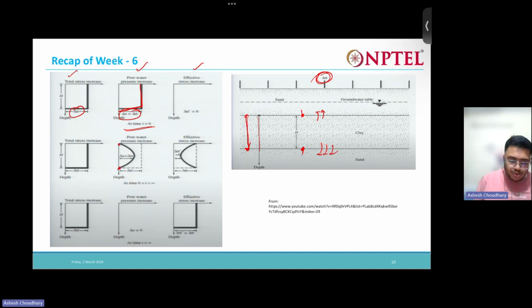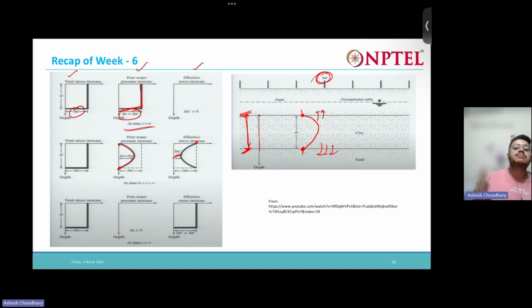You can see the pore water pressure diagram comes out something like this. And what will be the effective stress? The effective stress will be maximum at the top and bottom, and minimum at the center. This is how the effective stress will be.